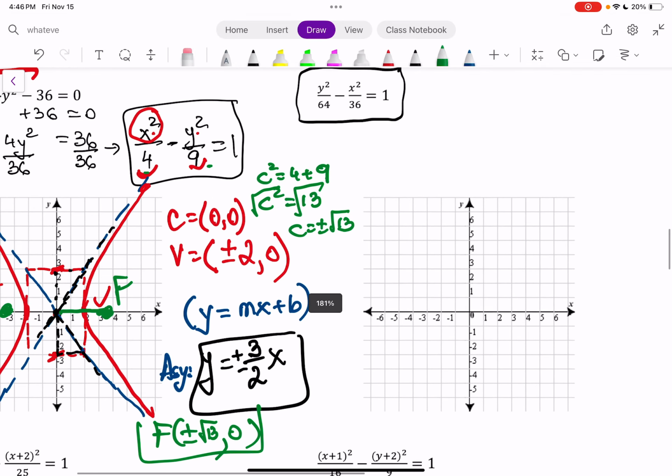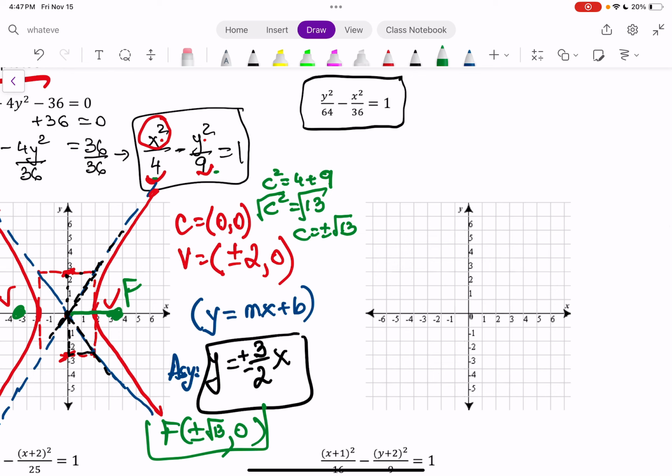So now that we've gone through it one time, let's try again. The center is at the origin. Again, I know that because nothing's subtracted from x or y. Look, in a y direction, or under y, I see 64. 64 is 8 squared. So in a y direction, I have to go 8 units. 1, 2, 3, 4, 5, 6, 7, 8. 8 units up and 8 units down.